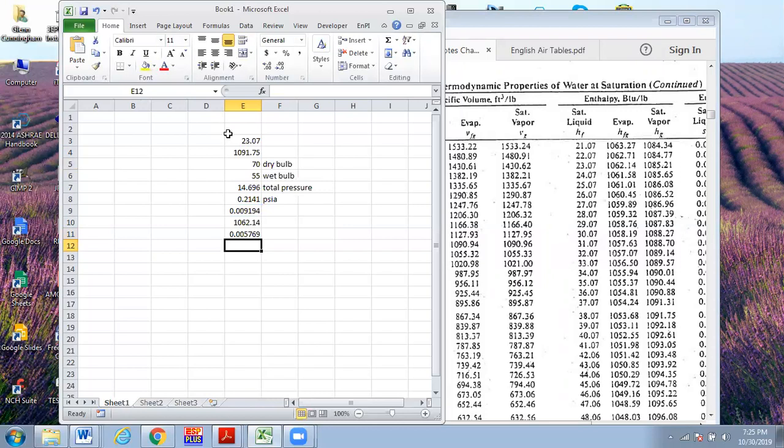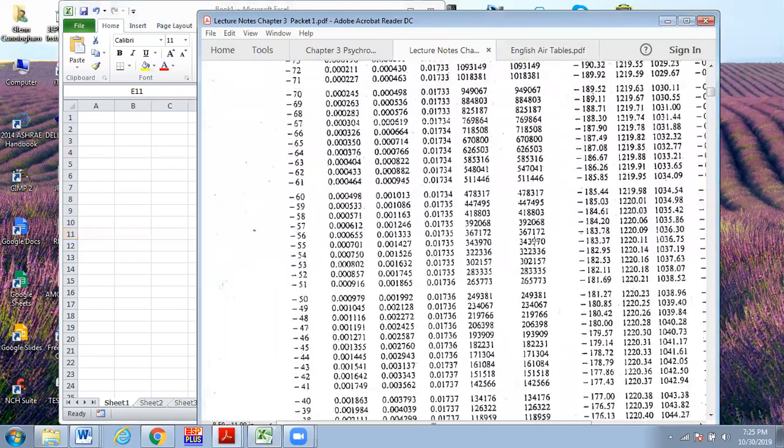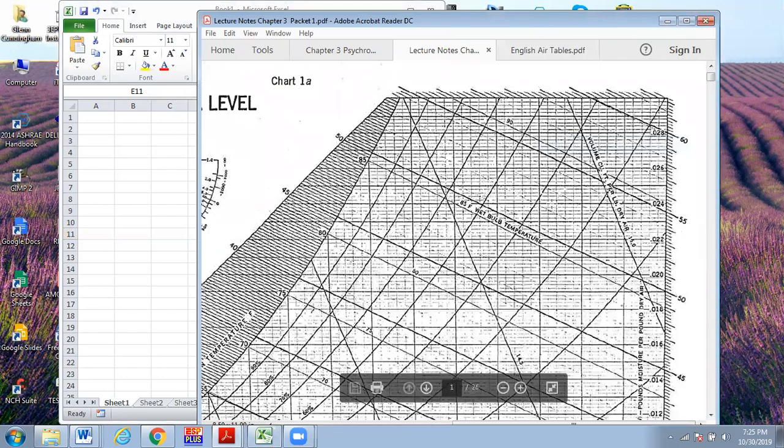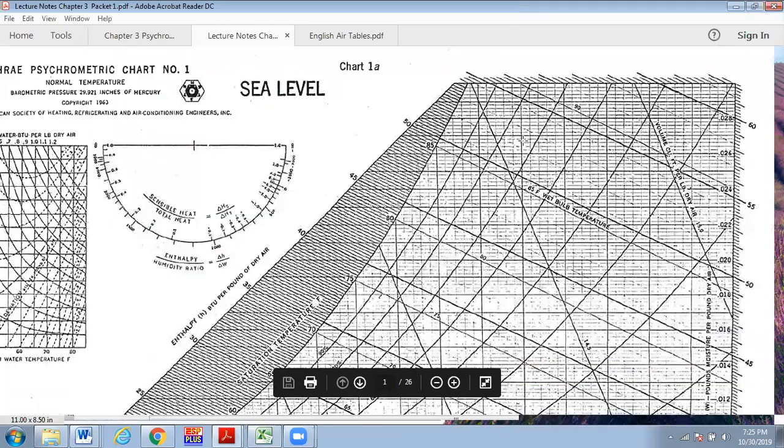Whew. Okay, so we're saying that at 70 and 55, the humidity ratio in here should be 0.00, say 57 or 0.006. Okay, so we can check on the psych chart, see what it thinks. All right, so there's 70, and these are the wet bulb lines coming down like this.